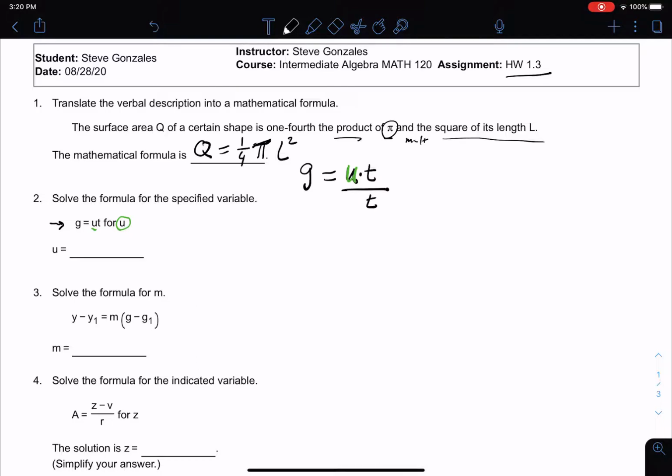If I divide the right by t, I must also divide the left by t. T divided by t equals 1. And I end up with my desired u equals g over t. And that's the answer.